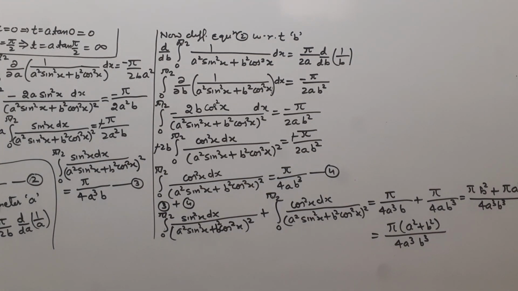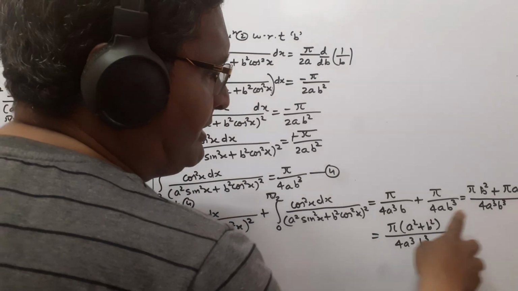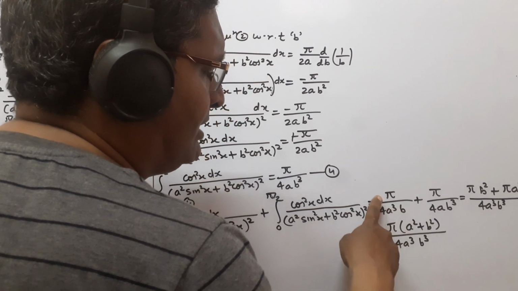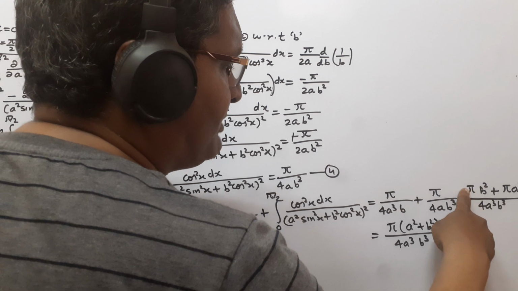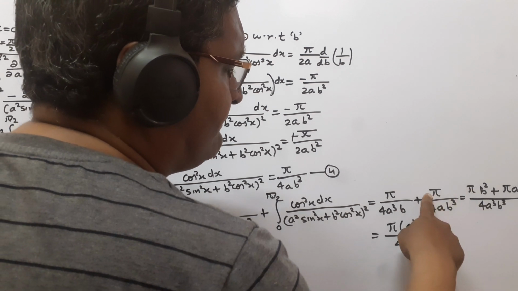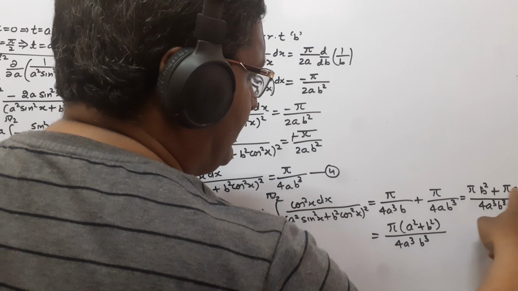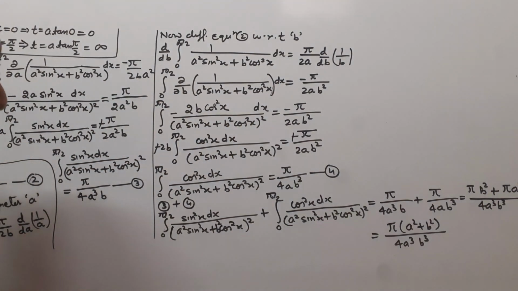We can see that on the right-hand side when we take the LCM 4a³b³, this 4a³ cancels with this 4a³, and b³ divided by b gives b², multiplied by π, we get πb². Similarly here we get πa². Now we take π common from both terms.